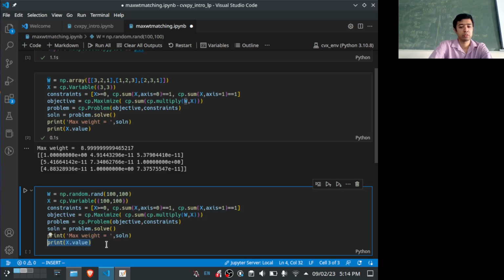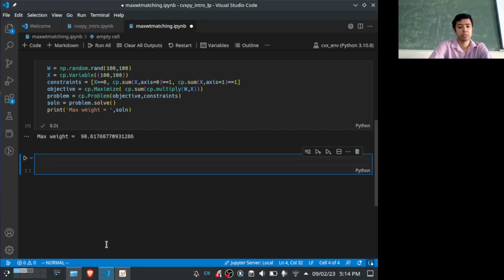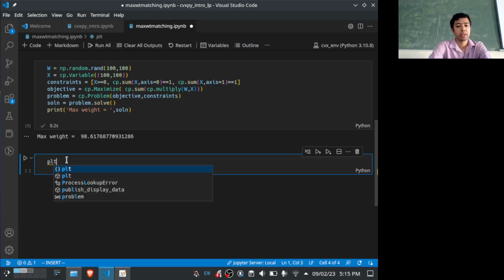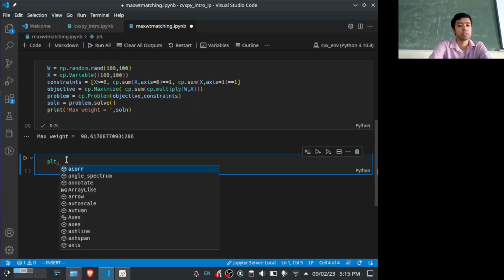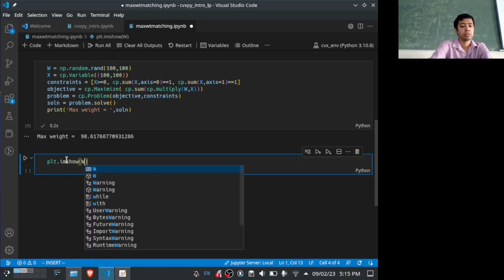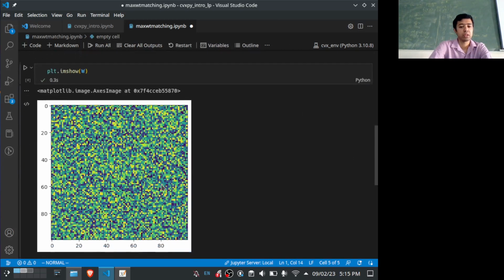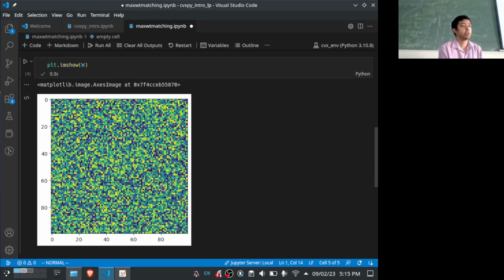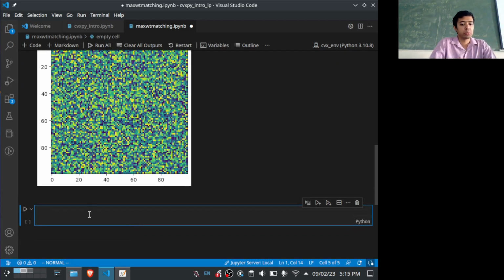Of course, there's no point in printing this, but that's it, right? It's that quick. If I had to see what these look like, printing them out would not be particularly helpful, but I can at least visualize this. Let's see what the W matrix looks like. Here's a visual representation. Darker values are close to 0, and lighter values close to 1, right? It's a completely random matrix. And what does my solution look like?